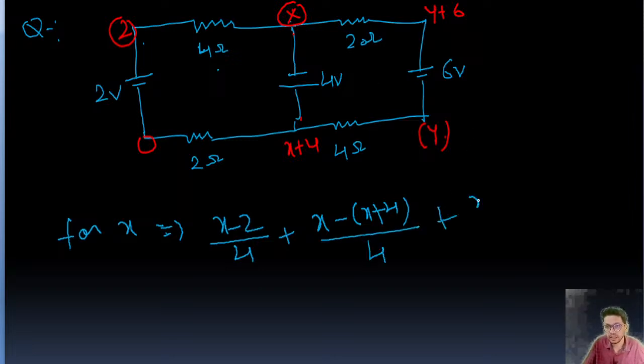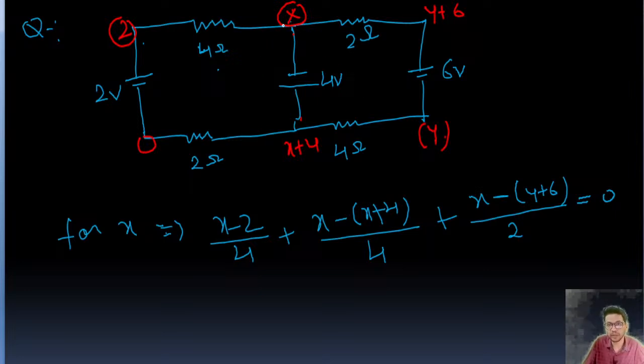Plus here (x minus (y plus 6)) upon 2. This is 4, this is 2 ohm, guys, my apologies, 2 ohm, not 20. And this is going to be equal to 0. This is for x.